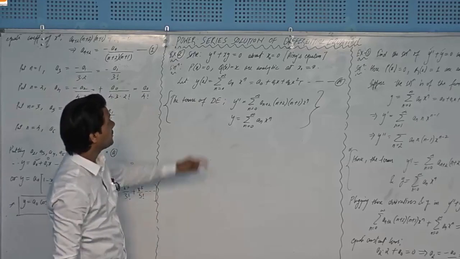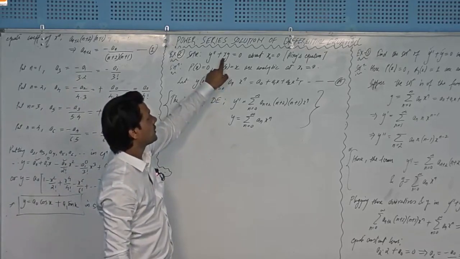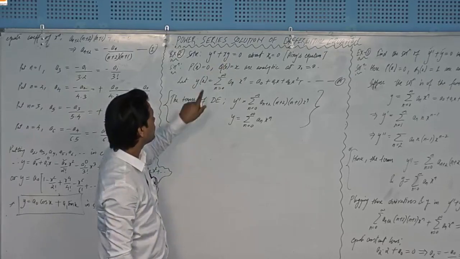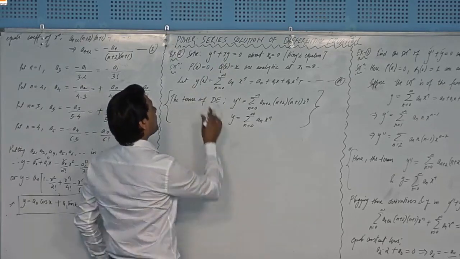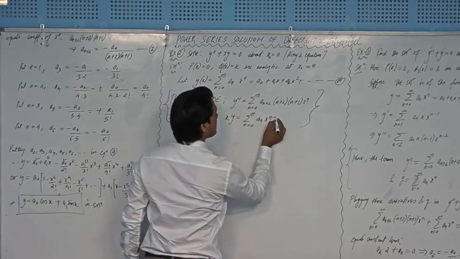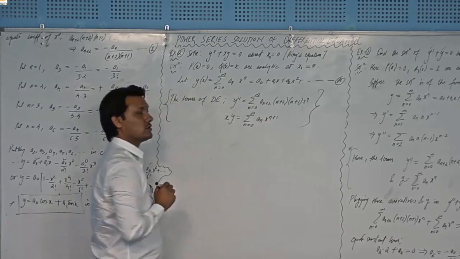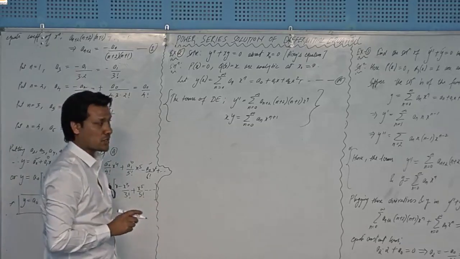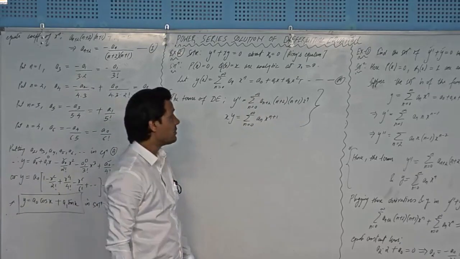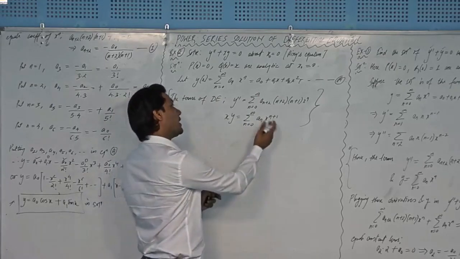But one more thing: here I have this x into y. This is not y, this is x multiplied by y. So what should I do? I should multiply this by x. When I multiply this by x, I will get x times y, and this will increase the power. But that will cause me trouble, because I only need the terms containing x to the power n in this summation form. So I will scale down this time.